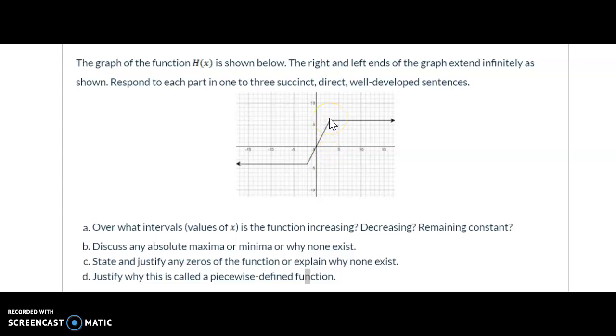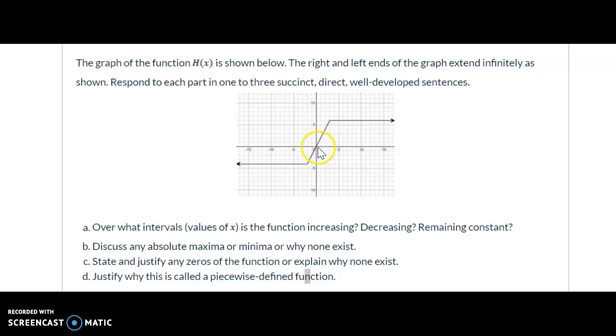So from -2, -4 to 3, 6, that is when it's increasing. Now, it is remaining constant everywhere after that. If you're looking at 3, 6 and everything to the right, that is when it's remaining constant. And the same before the -2, -4. That is why it is remaining constant.